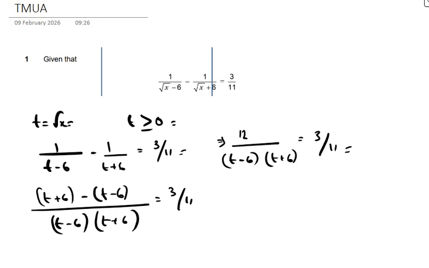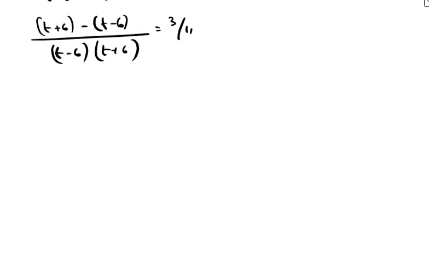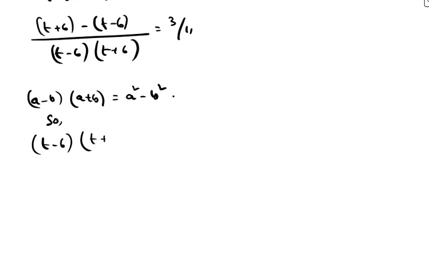Now use the difference of squares. Recall the identity first. We know (a − b)(a + b) = a² − b². We all know that. So we can write (t − 6)(t + 6) = t² − 36.